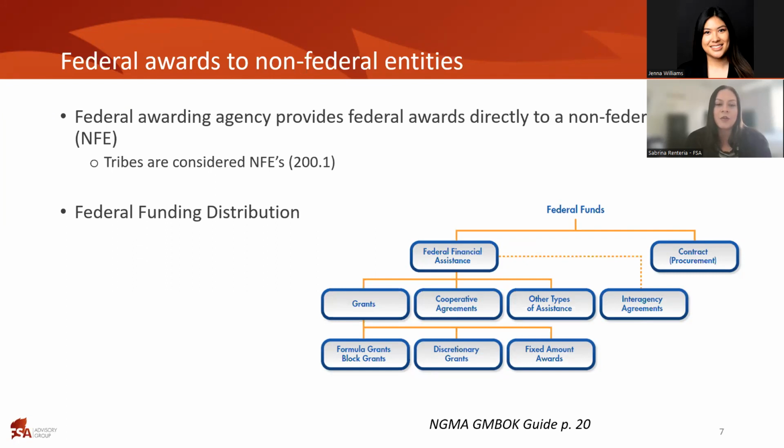So you have your federal funds there at the top. We have all sorts of federal financial assistance opportunities. For us today, we're going to be focusing on the far left, which are the grants. And we'll talk a little bit about formula grants, block grants, discretionary grants, and fixed award grants, and how the notice of funding opportunity plays a role in being able to obtain some of these grants.